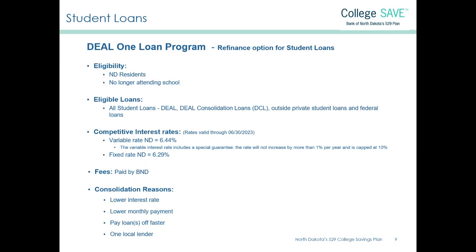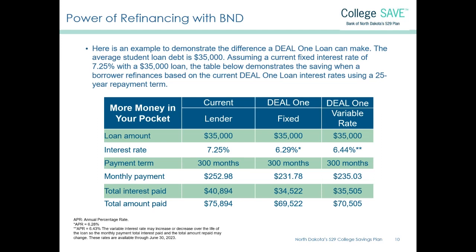As a North Dakota resident, we're doing that again for no fees, and offering you a variable or fixed rate. And these next couple of slides just kind of go into some detail as to what a lower interest rate, what a refinanced consolidated student loan means to you in terms of your payments, and how much interest that you end up saving and paying over time.